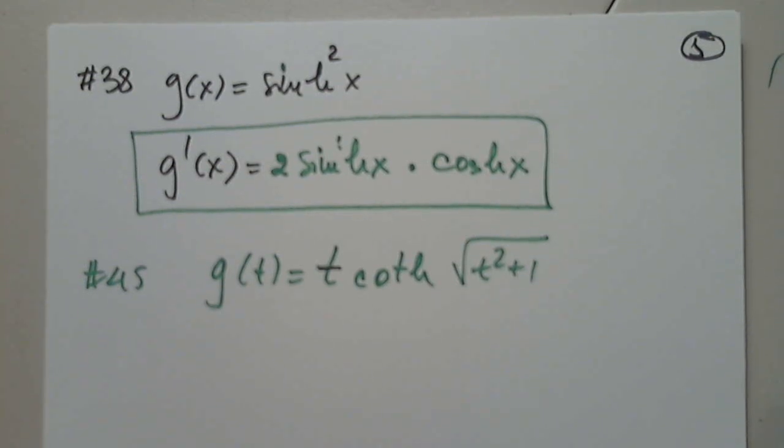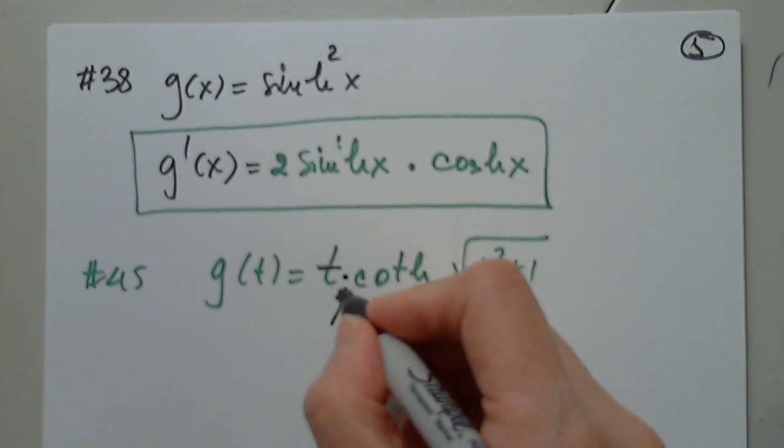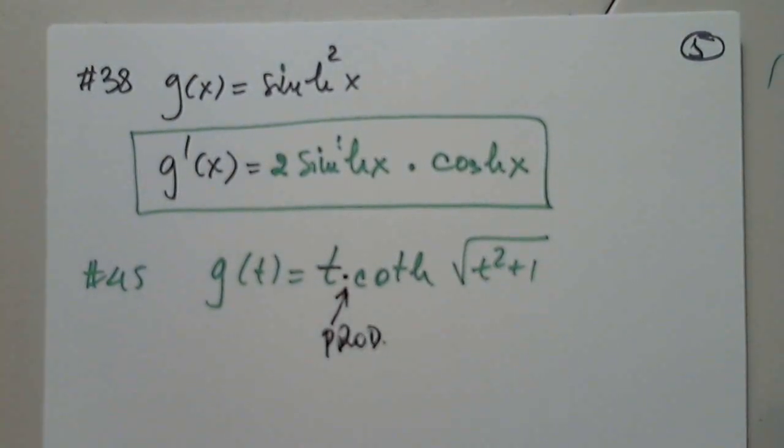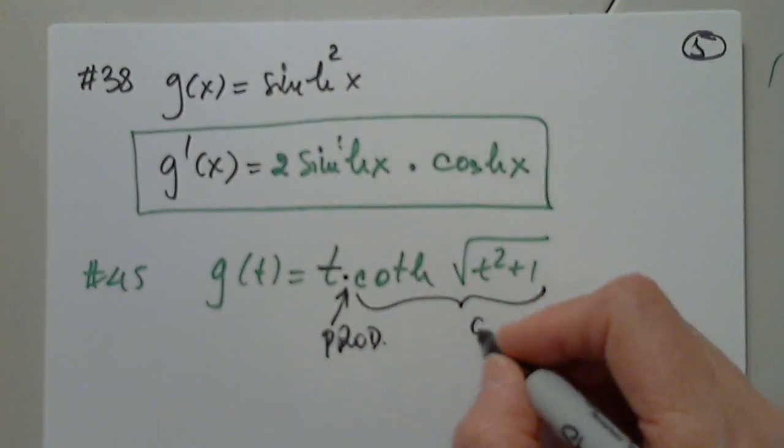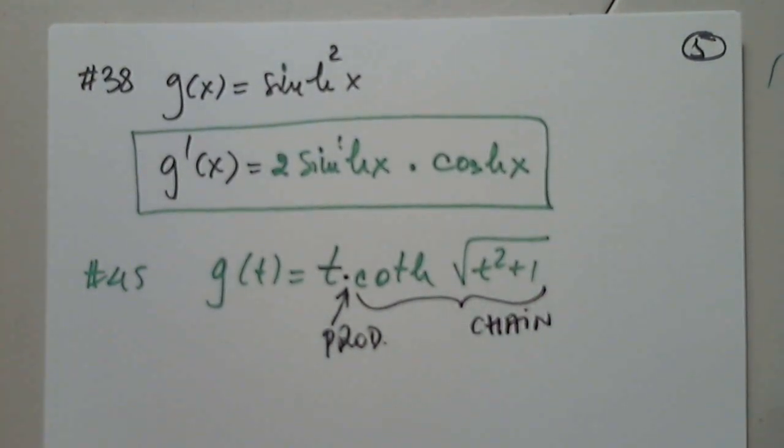The product. Yes, first of all it is the product rule. What else? What other rule has to be applied here? The chain rule. Yes, of course. Excellent. Great job.